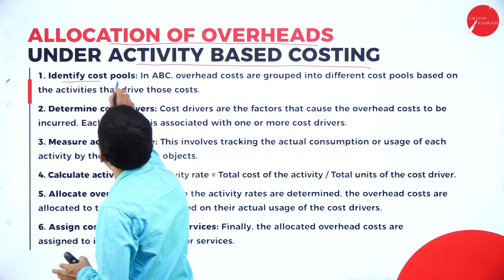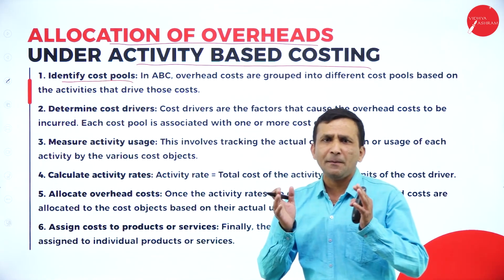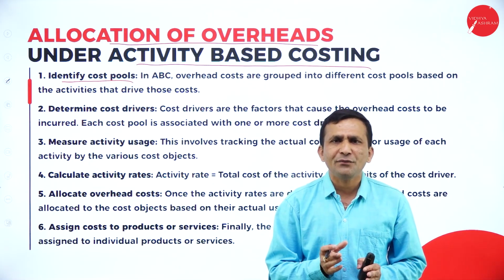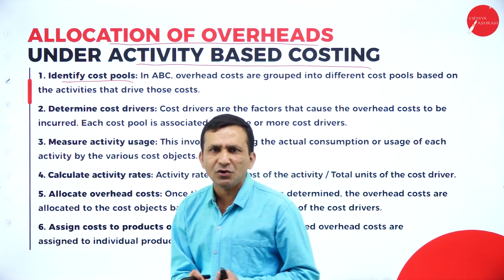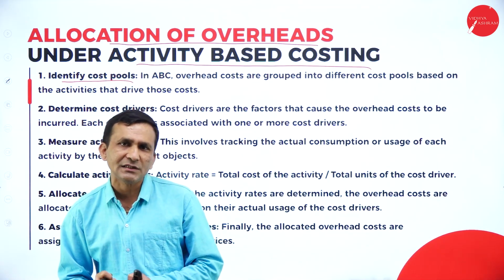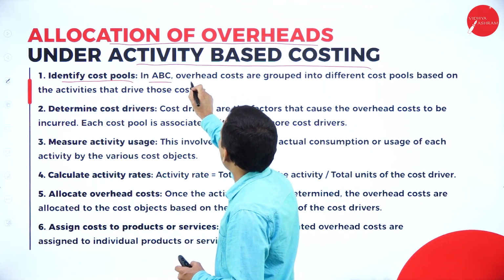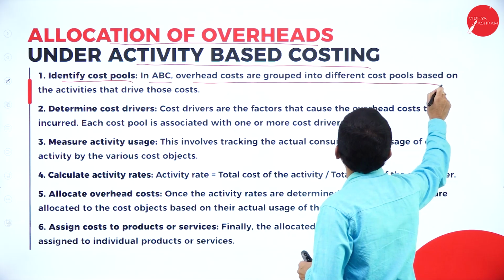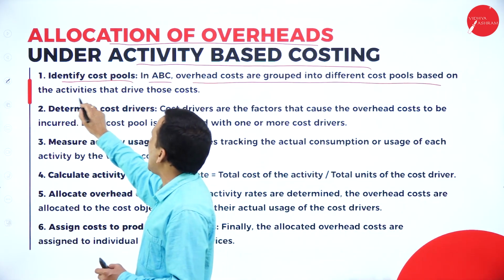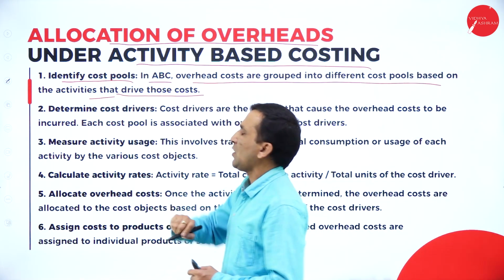The first one, identifying the cost pool, is very, very important. You need to identify where exactly you are charging, and how much you are charging for each activity. In ABC, overhead costs are grouped into different cost pools based on the activities that drive those costs.